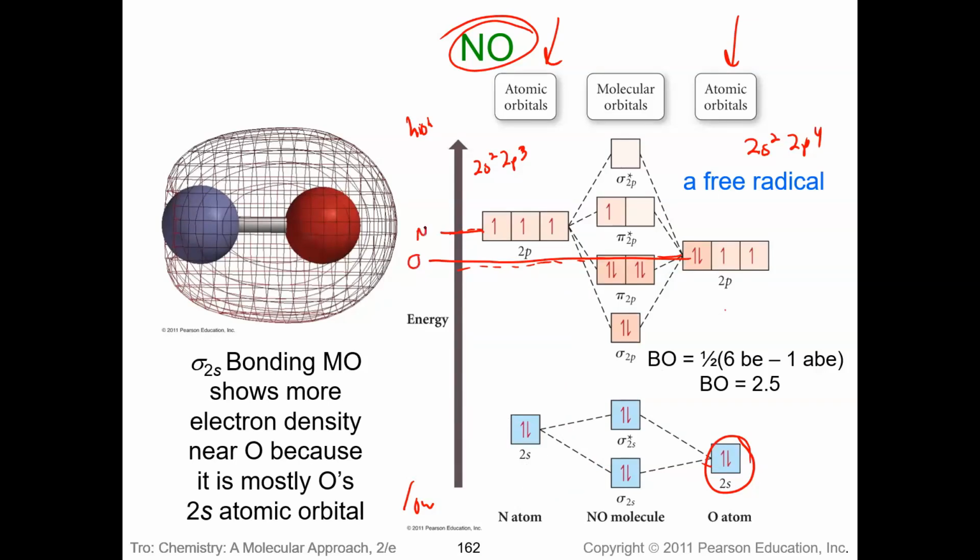Here's O, here's N. When 2 different atoms combine, the lower energy atomic orbital makes a greater contribution to the bonding molecular orbital. So the sigma 2s is closer to the oxygen's 2s than the nitrogen's. And so you see how these shift a little bit because of that.